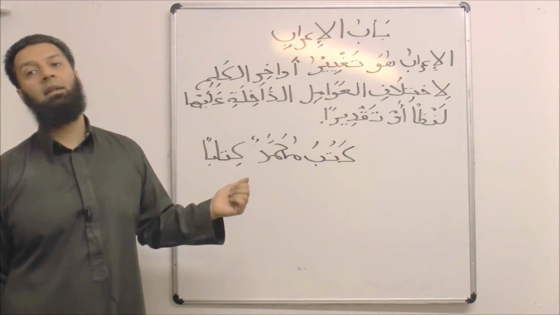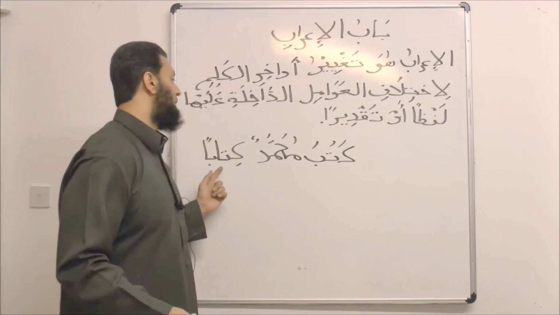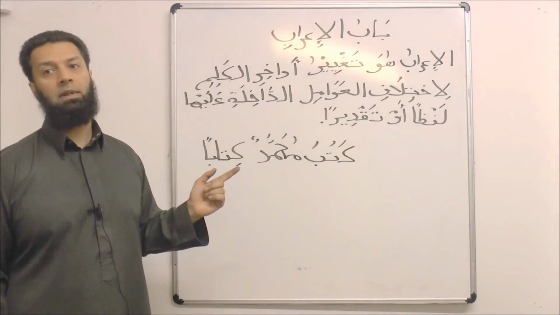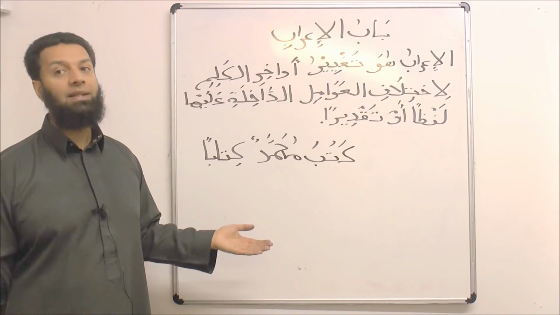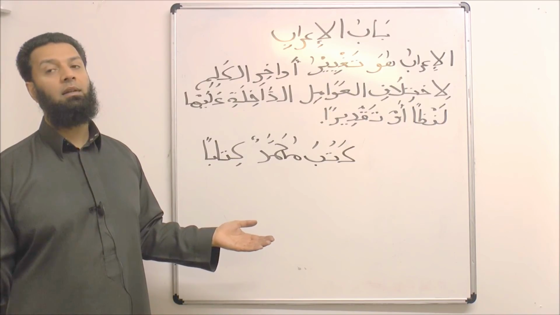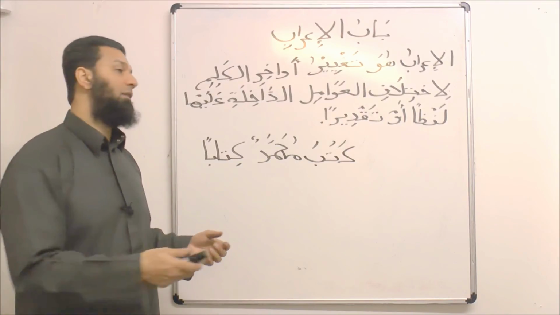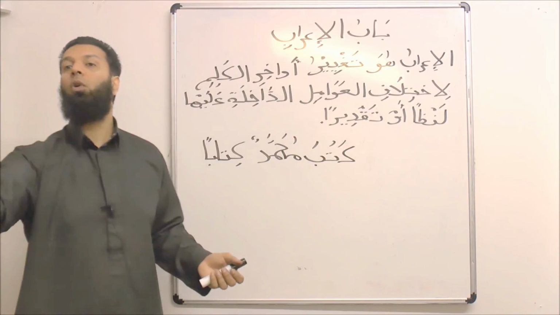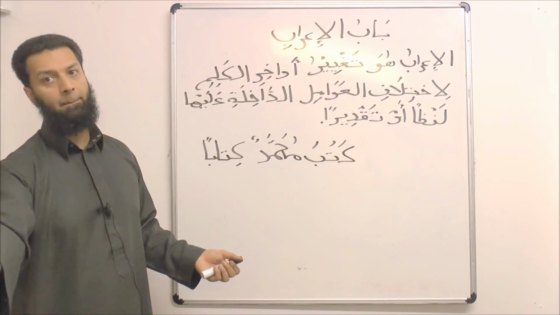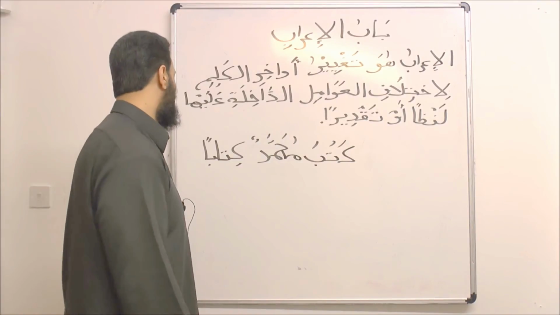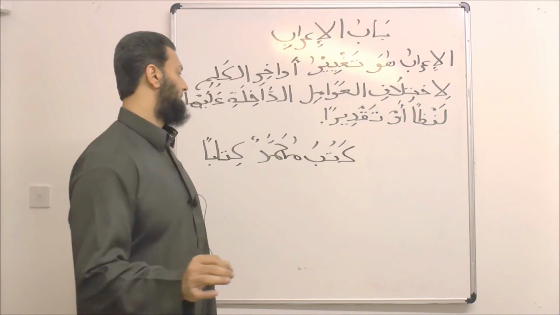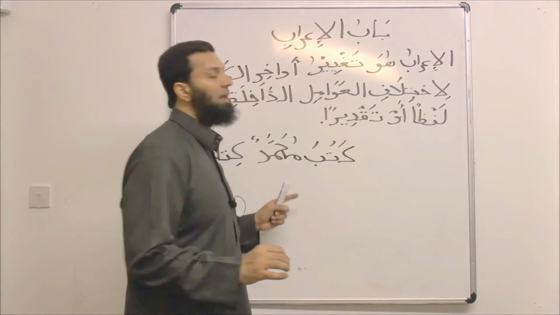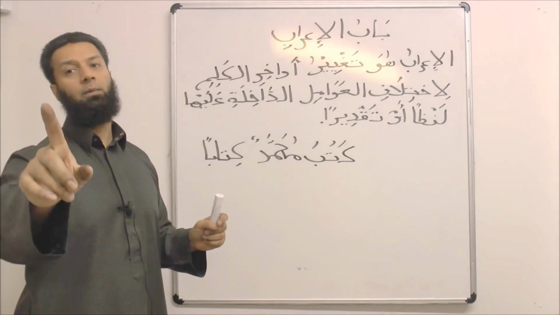Kitaban is maf'ulun bihi mansubun wa alamatu nasbihi al-fathatu al-dhahiratu ala akhirihi or tanweenu fathin. Right? So the point to note is that Muhammadun is the fa'ilun.